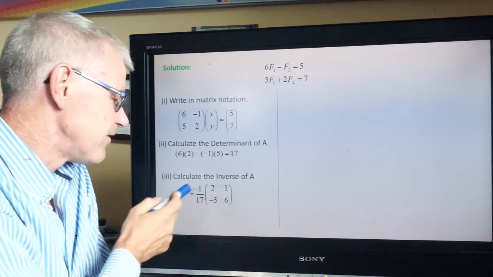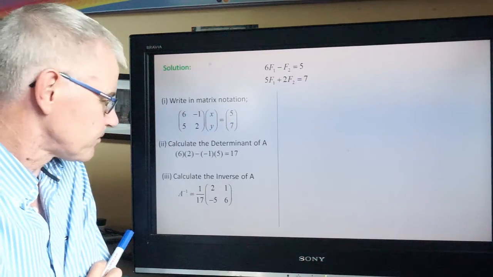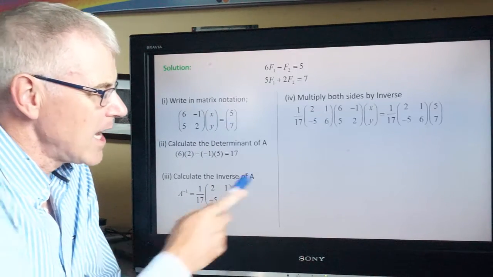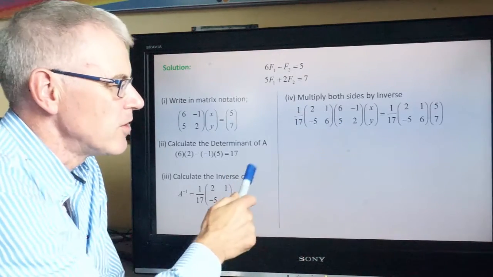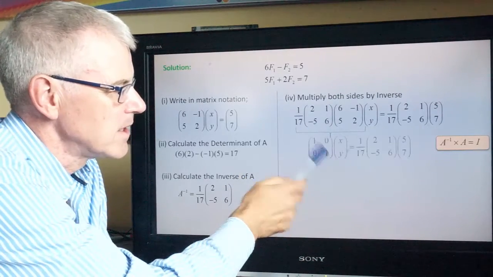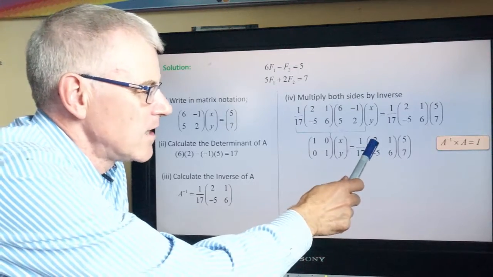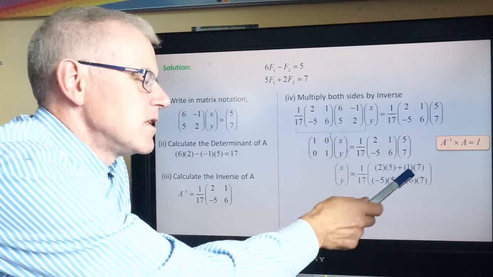So now that we have the inverse, we can multiply both sides of the equation by the inverse. So that will give us the following equation. And again, the inverse times the matrix will be just the unit matrix. So we can replace this section here by the unit matrix. And then we multiply the right hand side. So again, the first row by the first column will be 2 times 5 plus 1 times 7.